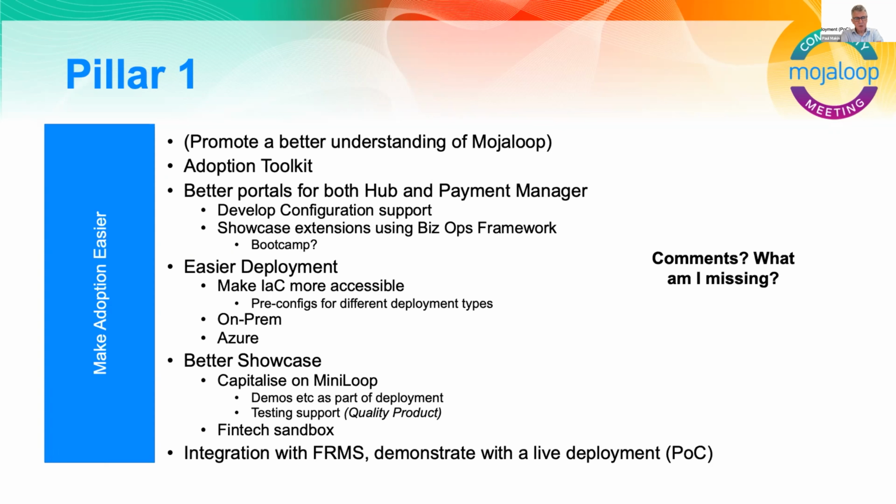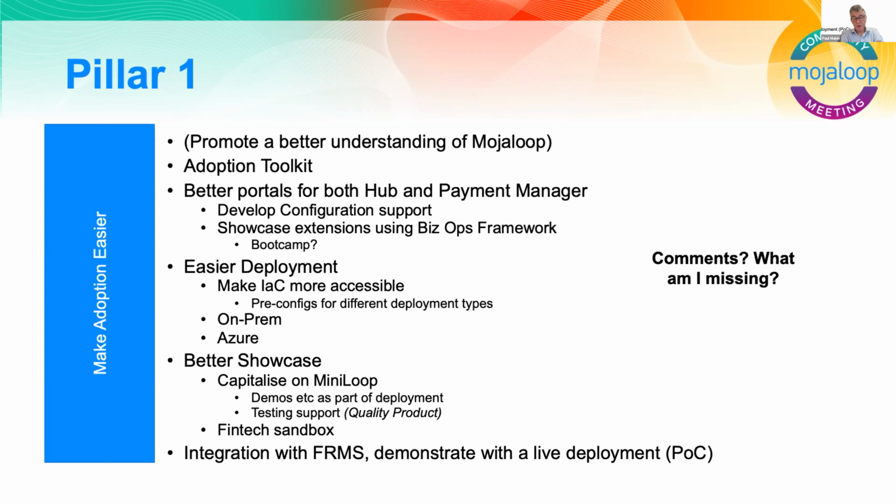Separately, earlier this week, we talked about an adoption toolkit, and that really is about trying to facilitate new deployments. The adoption toolkit is essentially a handbook for potential hub owners, service owners, hub operators, whoever it may be, to try and help them to get from the idea of, oh, I think a Mojaloop deployment might be good here, through to going live.